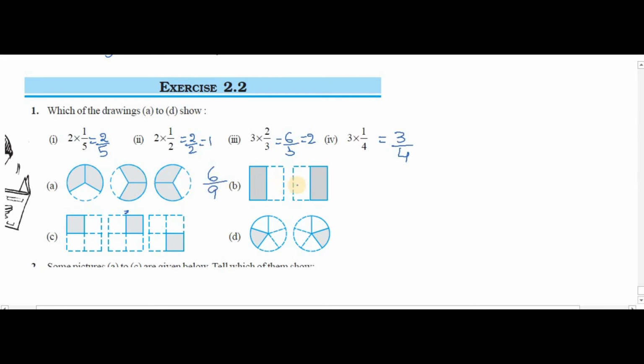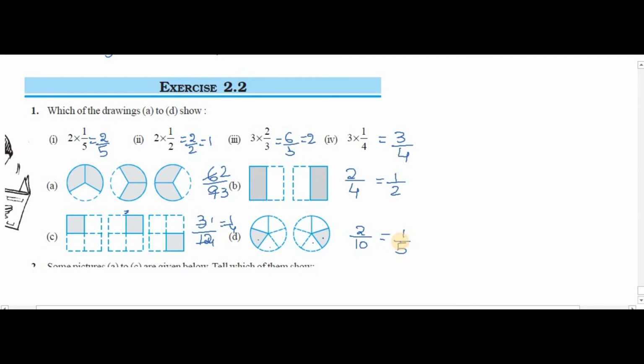And this one 1 2 3 4, 2 by 4, nothing but 1 by 2. 3 twos are 6, 3 threes are 9, 2 by 3. Which is showing 2 by 3, we will see. 1 2 3 4 5 6 7 8 9 10 11 12. 3 ones are 3, 3 fours are 12, 1 by 4. 1 2 3 4 5 6 7 8 9 10, and 2 by 10, nothing but 1 by 5.